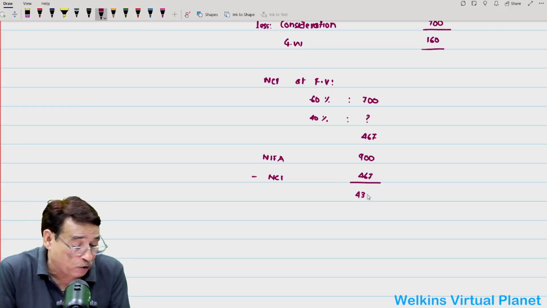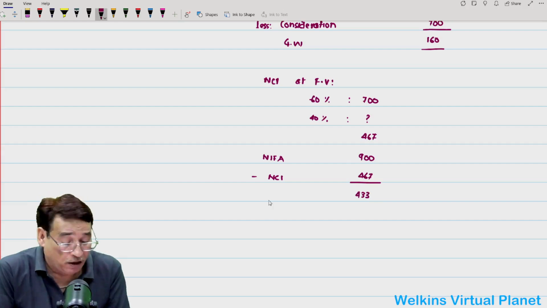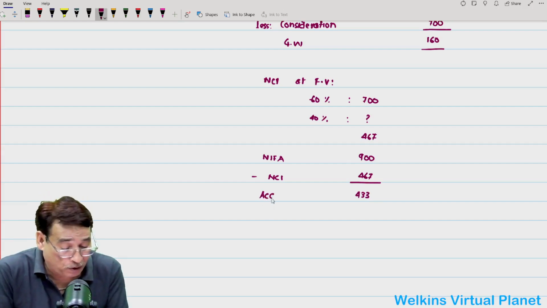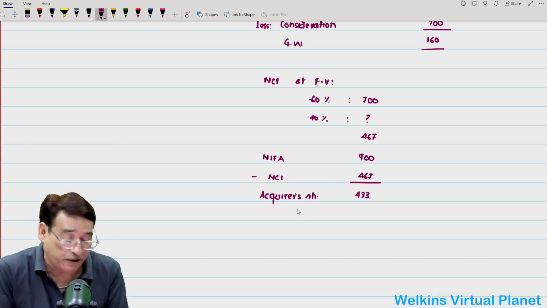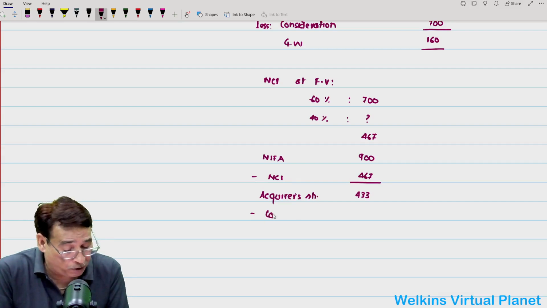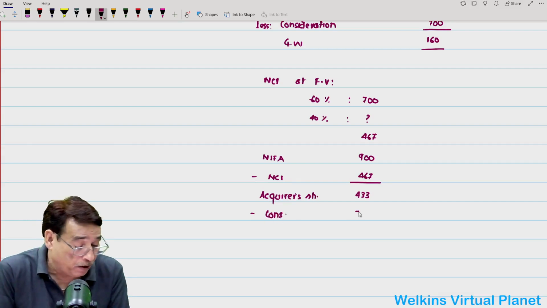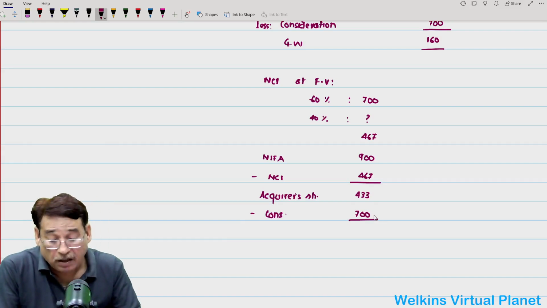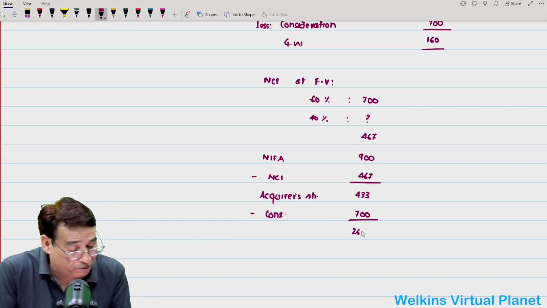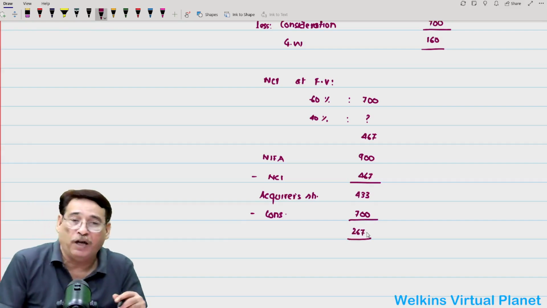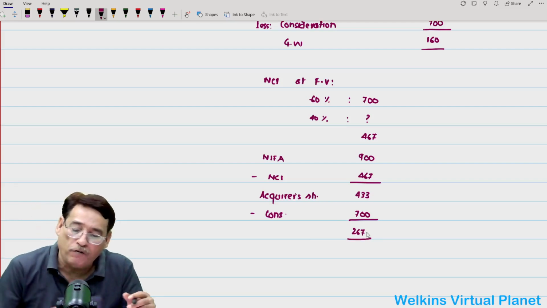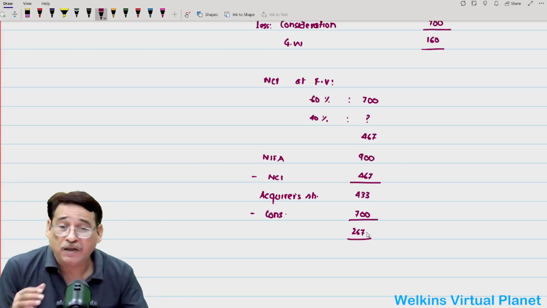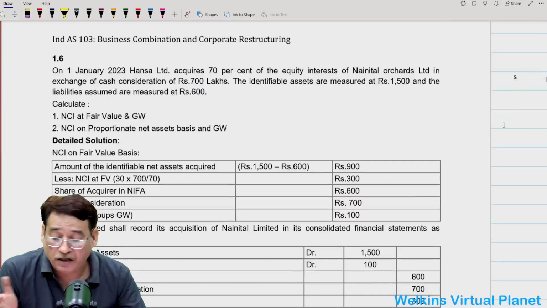So if NCI is valued at fair value, you have noticed that acquirer share is a little bit low, 433. Now compare it with the amount of consideration, 700 lakhs. Then obviously in this particular case, your goodwill amount is 267. So obviously when we have NCI at fair value, the amount of goodwill will differ without an iota of doubt, but at the same time, as I proved earlier, it will lead us to the same result.